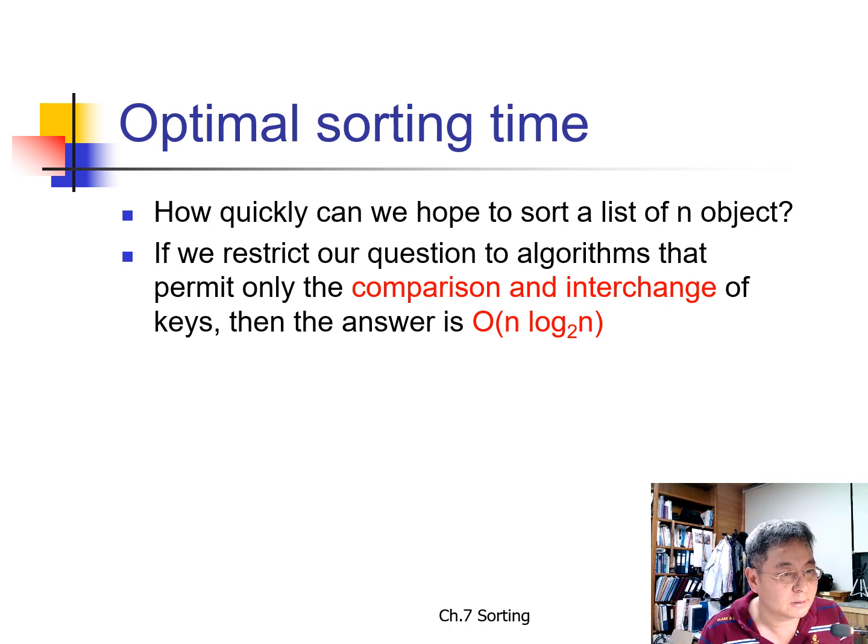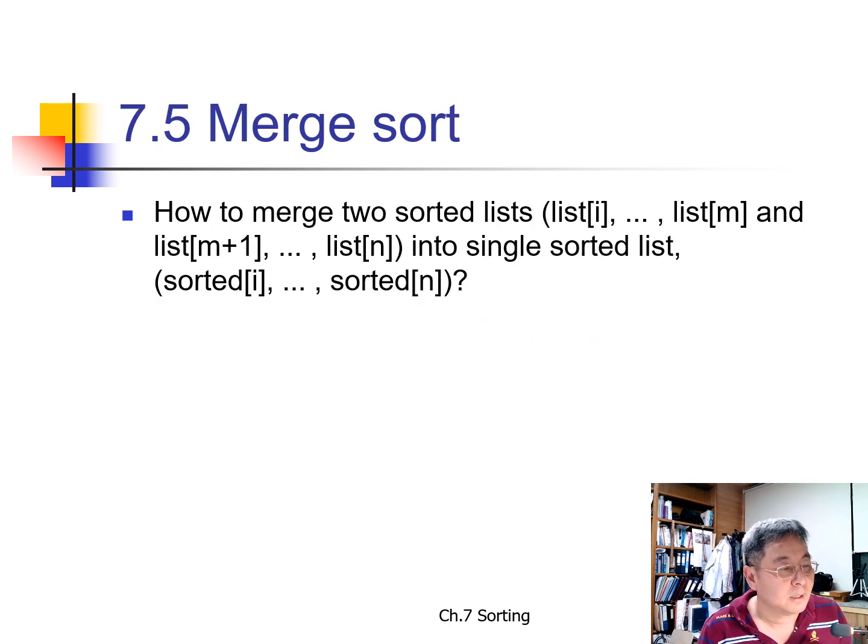So the optimal sorting time complexity, big O n log n, is well known as the best or optimal sorting algorithm. Okay, and the last sorting method is merge sort. Two sorted lists can be merged into a single sorted list.